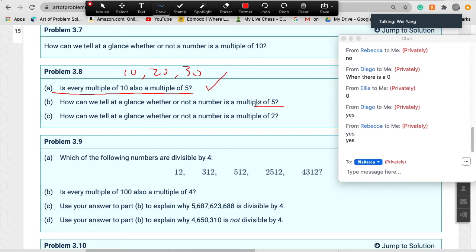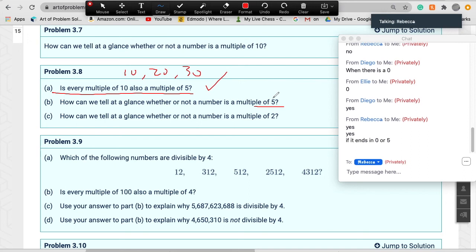How can we tell that? Now as times 10. How can we tell a number is a multiple of 5? Am I correct?